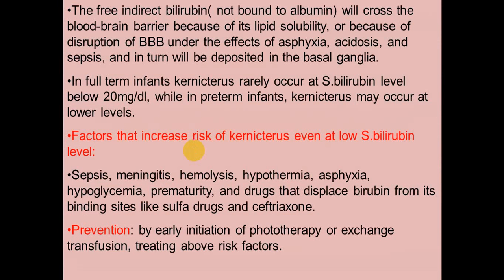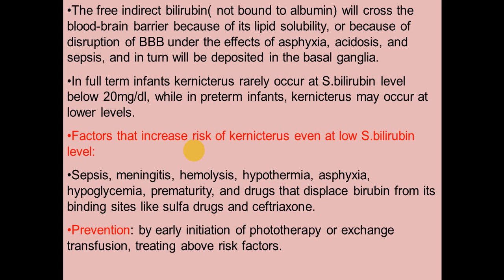As we said, the free indirect bilirubin, not bound to albumin, is the more dangerous. This will cross the blood-brain barrier because of its lipid solubility, or maybe because of disruption of the blood-brain barrier under certain pathological conditions like asphyxia, acidosis, sepsis.